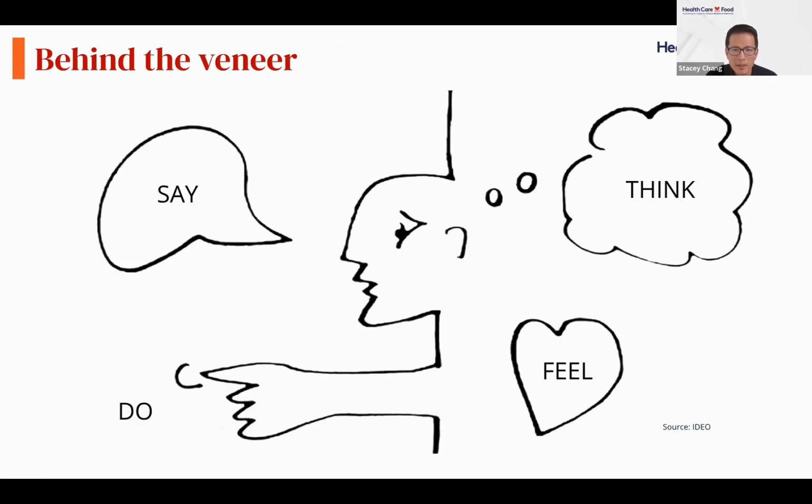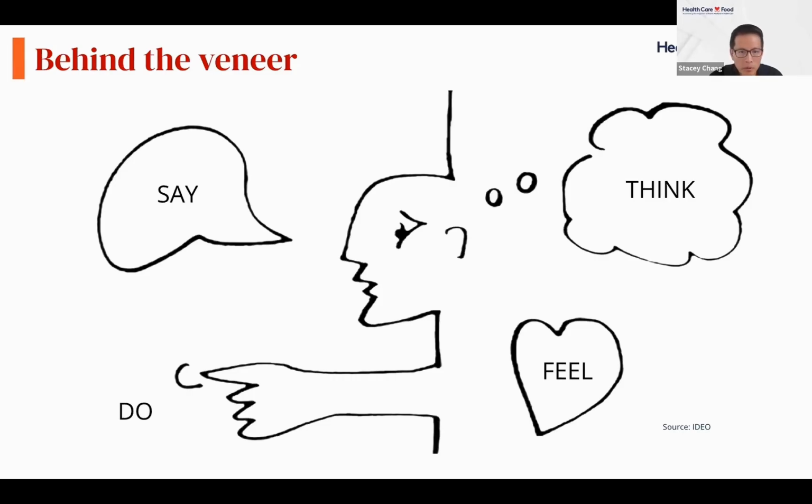One of the key aspects of the design research that is conducted at the beginning of this double diamond diagram is the idea of getting behind the veneer of any individual human. Traditional market research, including survey mechanisms and prescribed interviews, only get you the answers to the questions you know to ask.